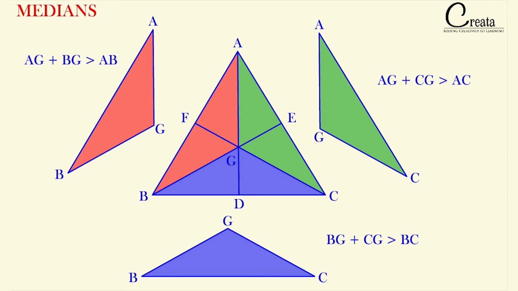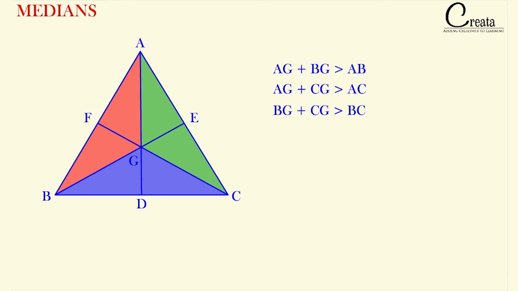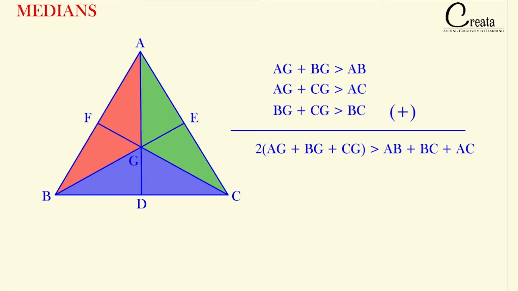If we add all these three inequalities, we get twice of AG plus BG plus CG is greater than AB plus BC plus AC. And we know the centroid divides the median in the ratio 2:1. So we can say AG is 2/3 AD and GD is 1/3 AD. Let's replace AG with 2/3 AD. Any issue? Similarly, we can replace BG with 2/3 BE and CG with 2/3 CF.